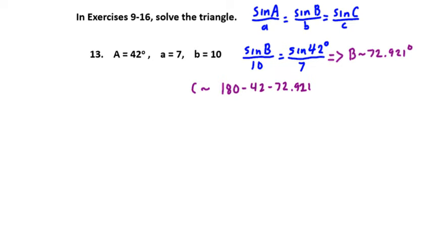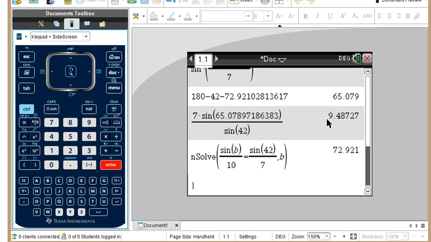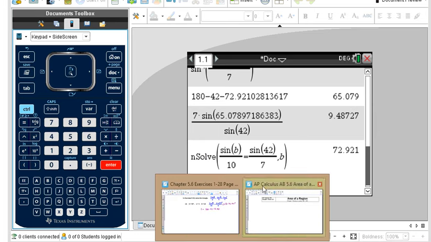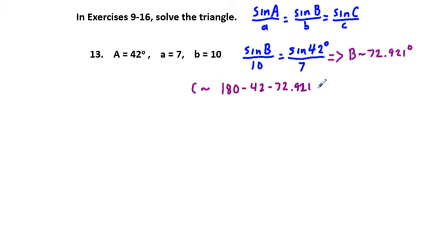So we can go to our calculator, and we already calculated this earlier: 65.079 degrees. So that's going to be angle C.